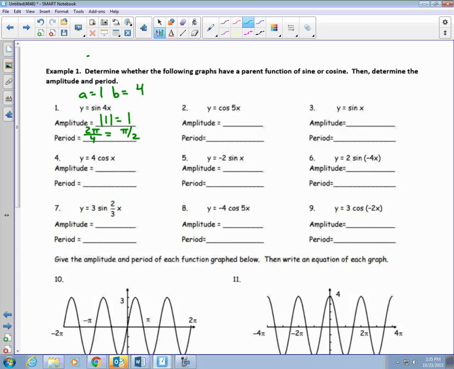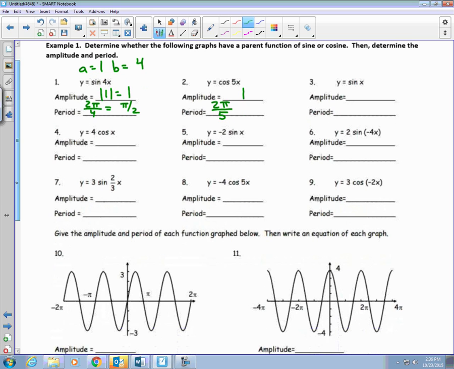Okay. Look at number 2. What's the amplitude for number 2? 1. What is the period? 2 pi divided by 5. Does that reduce? No. Look at number 3.